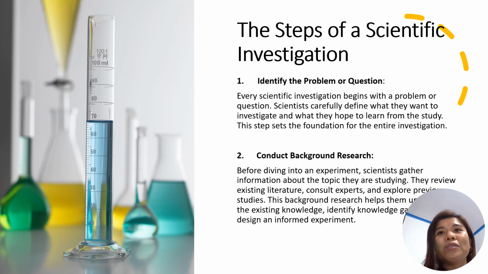So this background research helps them uncover the existing knowledge, identify knowledge gaps, and design and inform the experiment. In conducting background research, you have to visit a library, for example, or visit the internet so that you can gather information.